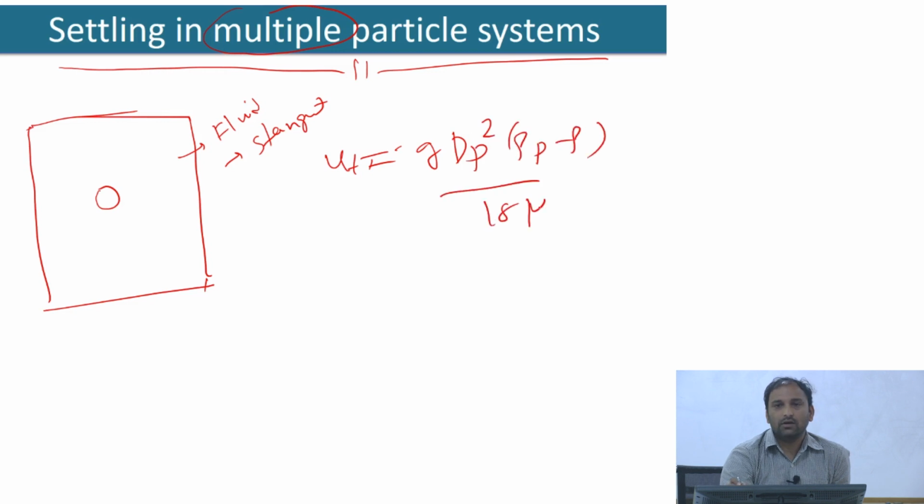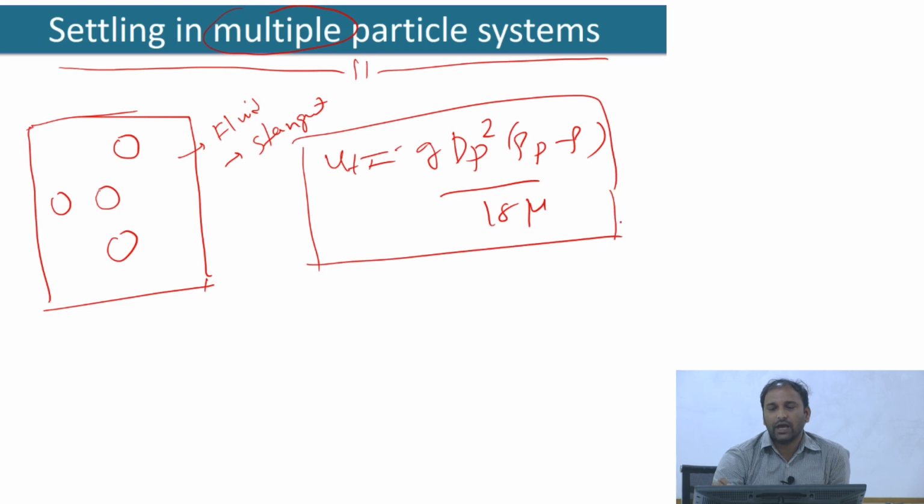Now say that I'm going to start working with multiple particles. I'm going to put another one. If I go on increasing the concentration of the particles in the system, can I again use a similar formalism that we had for single particle settling? Any thoughts?